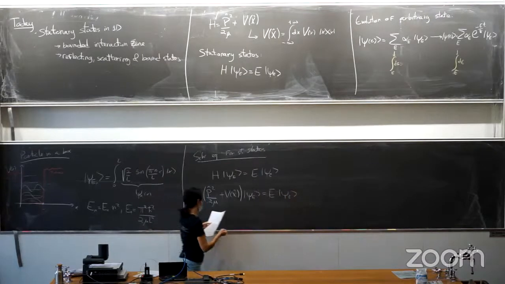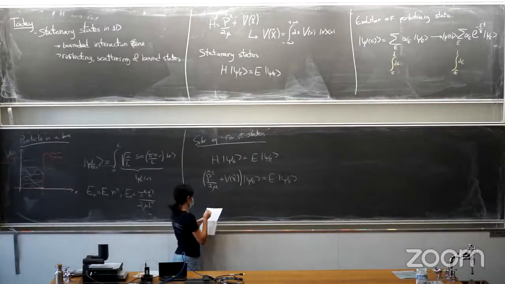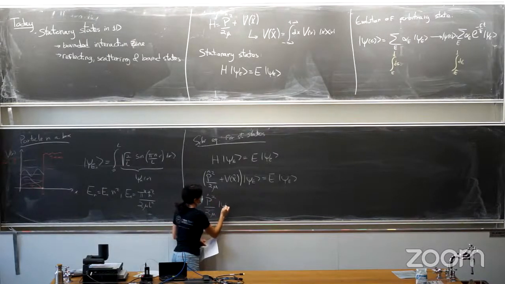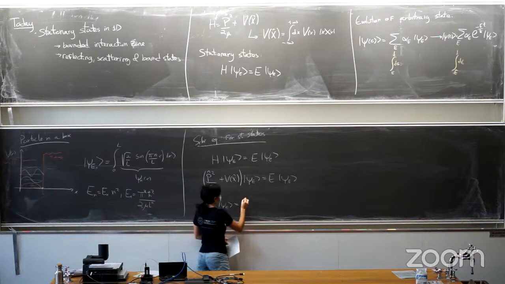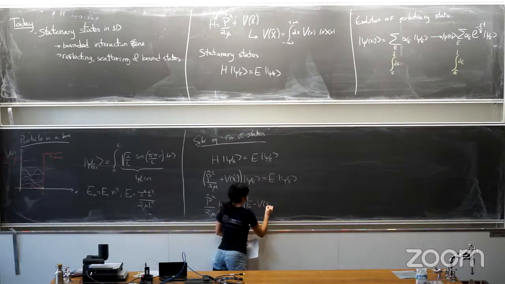Okay. So now we're going to leave just the p square on this side. On the other side, then we have E minus V of x.